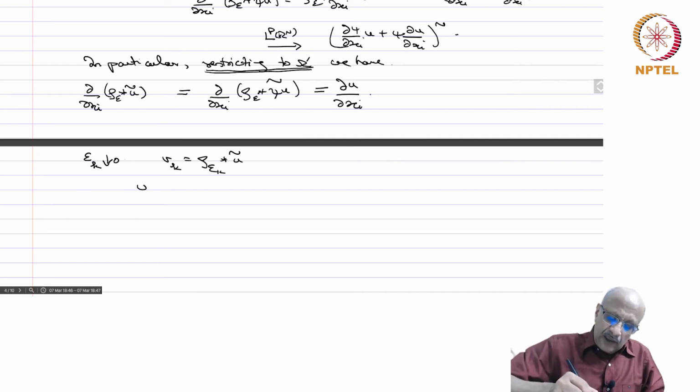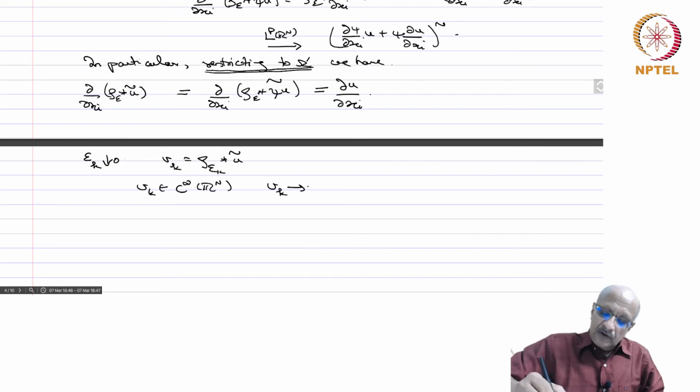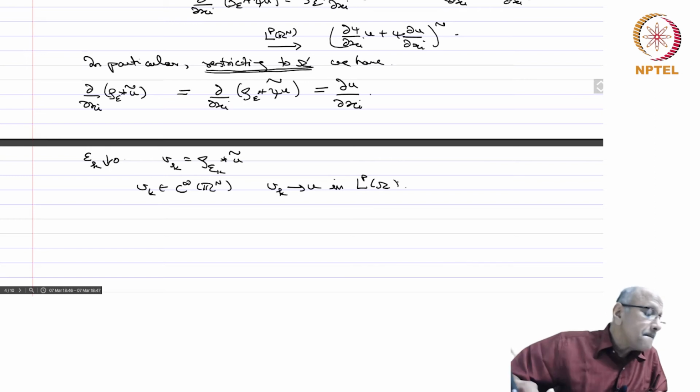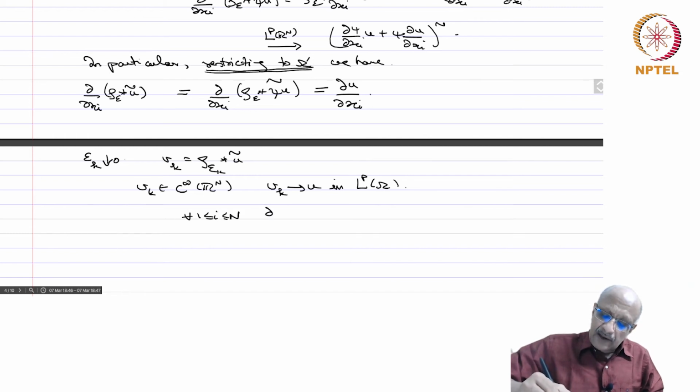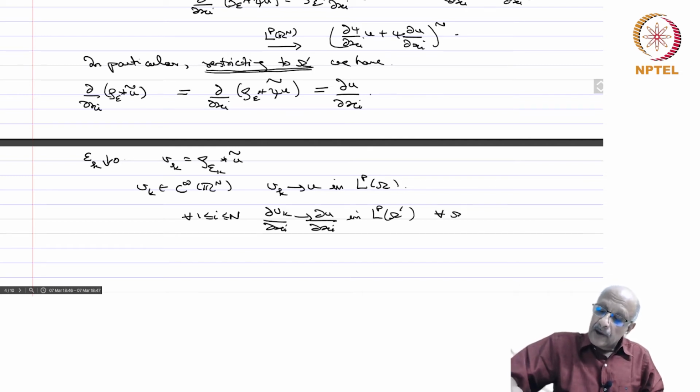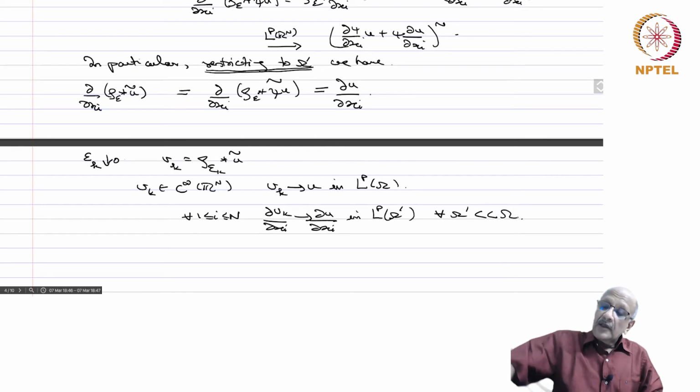We know that Vk belongs to C infinity of Rn, Vk converges to u in Lp of omega, and for all 1 less than or equal to i less than or equal to n, dVk by dxi converges to du by dxi in Lp of omega prime for all omega prime relatively compact in omega.